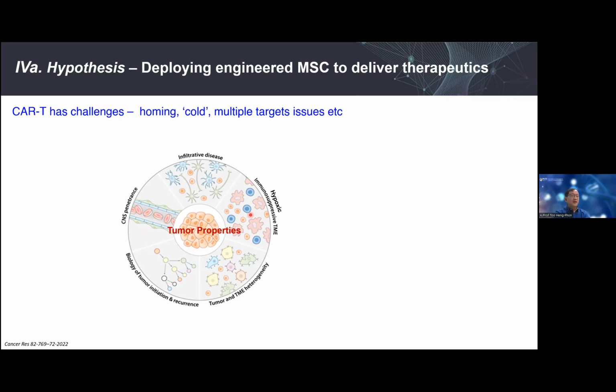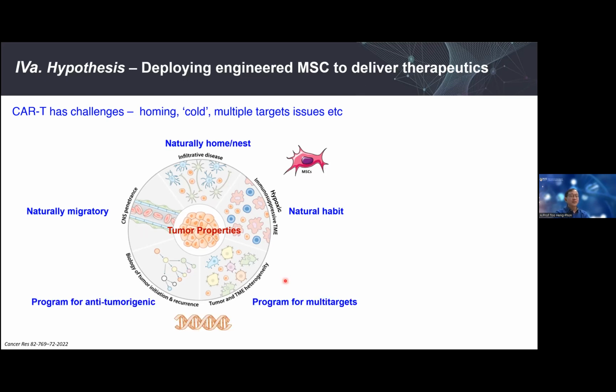What we found was that MSC is great because they love to stay around this area. Even though it's hypoxic, they're fine, they live there well. They nest or home towards this tumor, and they can migrate naturally. All we have to do is program it. We can program it with different kinds of methods that you've seen just now.